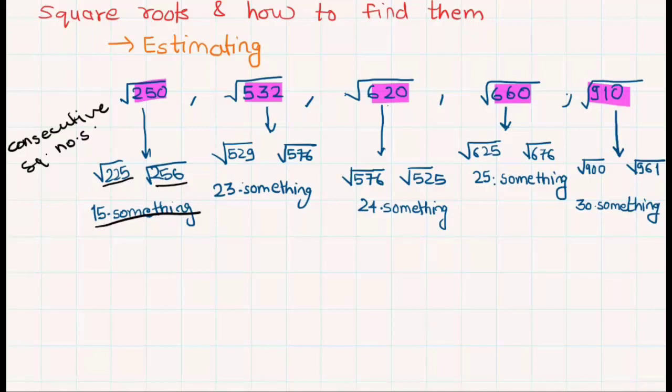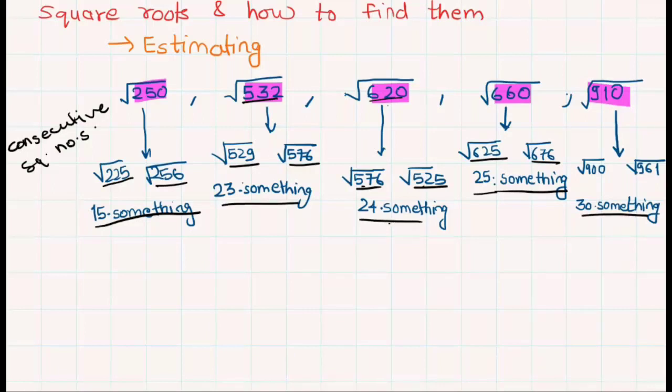And similarly, you can observe these perfect squares, which lie between 24 and 25. Yes, this lies between 25 and 26. So, the answer should be 25 point something. These are all point something answers, okay?